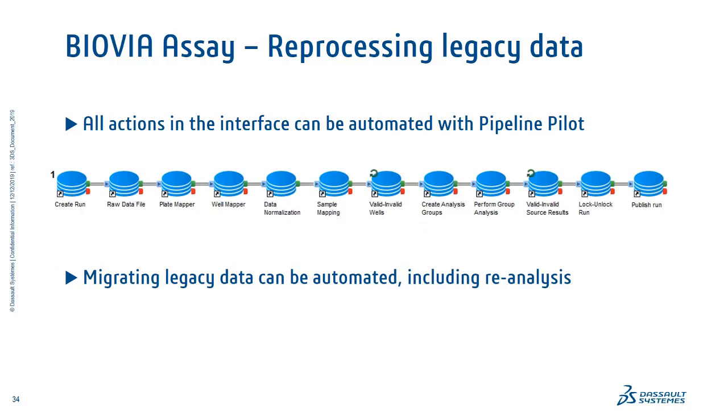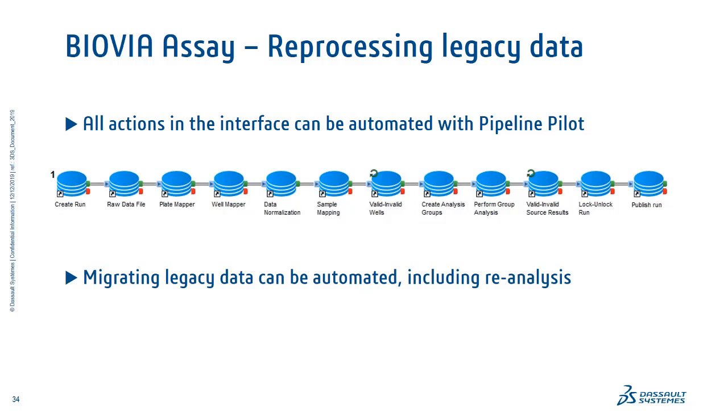Talking about automations, every single step of an assay run, of the processing of your data, can be automated through Python Pilot, which, technically speaking, is in great part how autopilot is handled. Another interesting thing is that it's an easy way to reprocess your legacy data, in a case where you have strongly changed the way of analyzing a certain type of run.